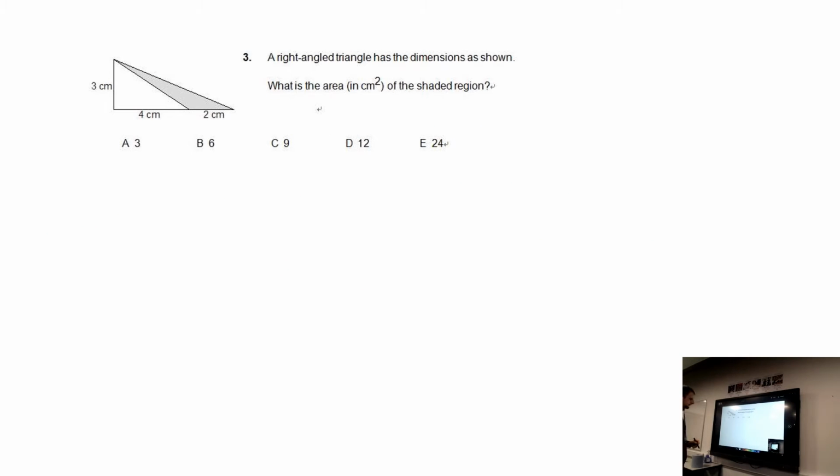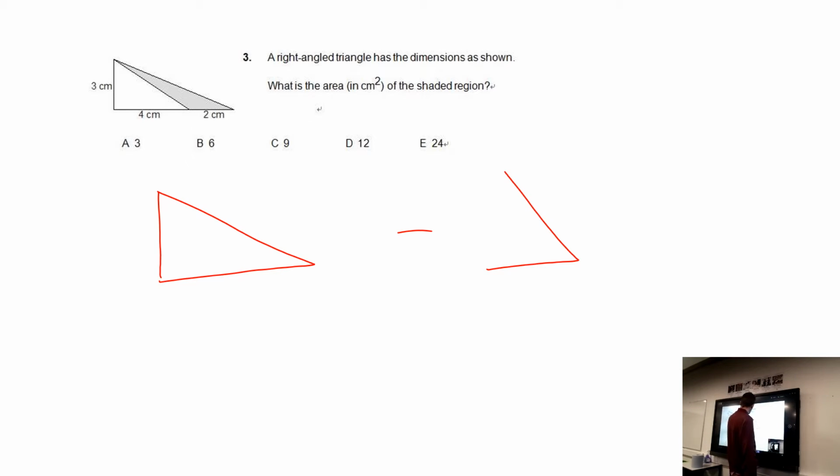Okay, so we need to find the shaded region. So this is basically the big right angle triangle minus the small right angle triangle. The big one has 4 plus 2, 6, and 3. The small one is 4 and 3.